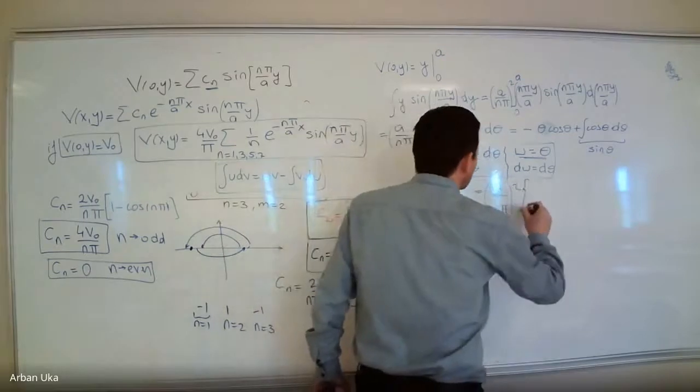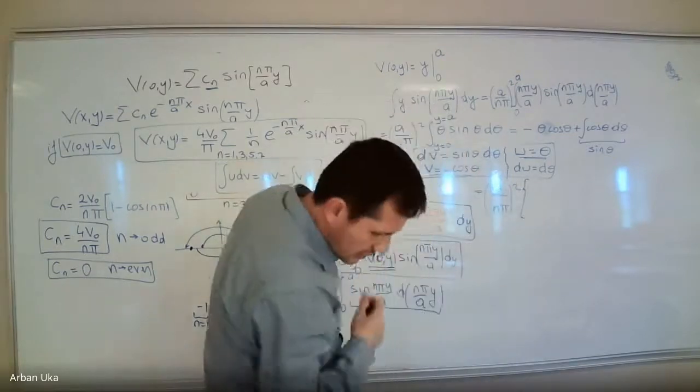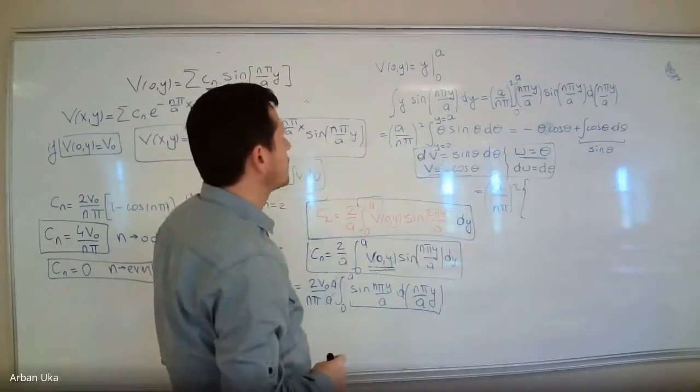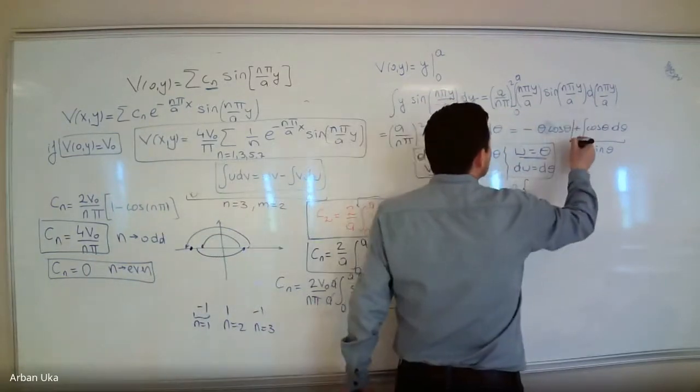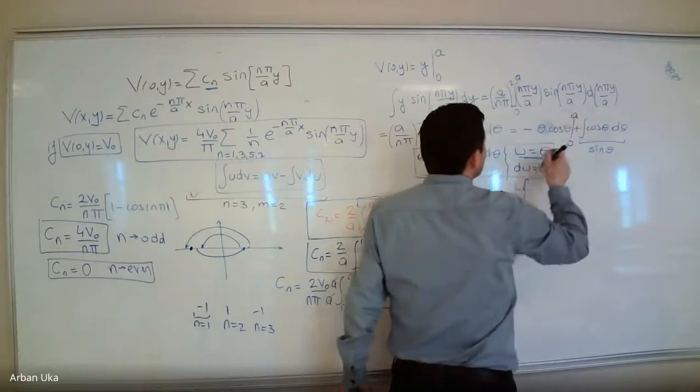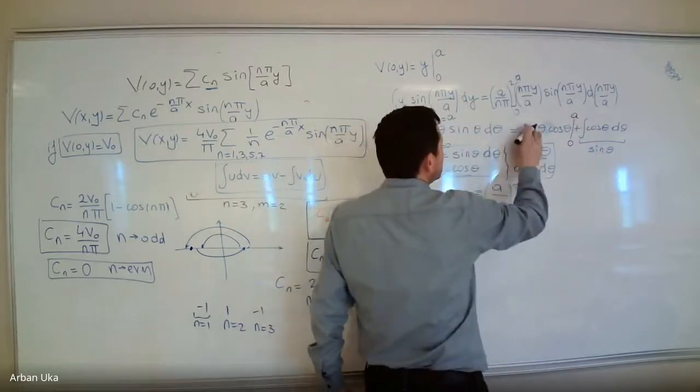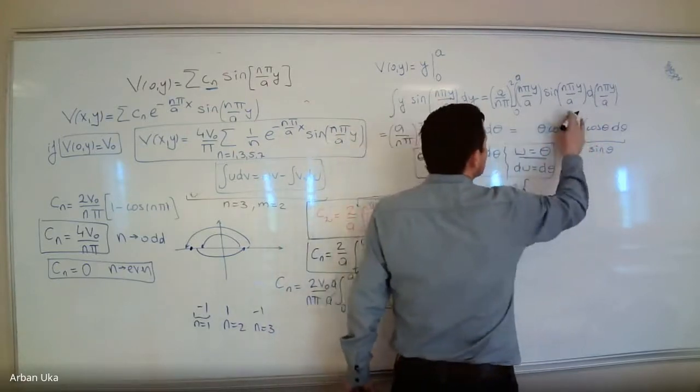And then multiply the whole term, which is theta times cosine theta. But this is with a minus sign, and this is from 0 to a. We can take the minus sign away, and we can make this from a to 0.